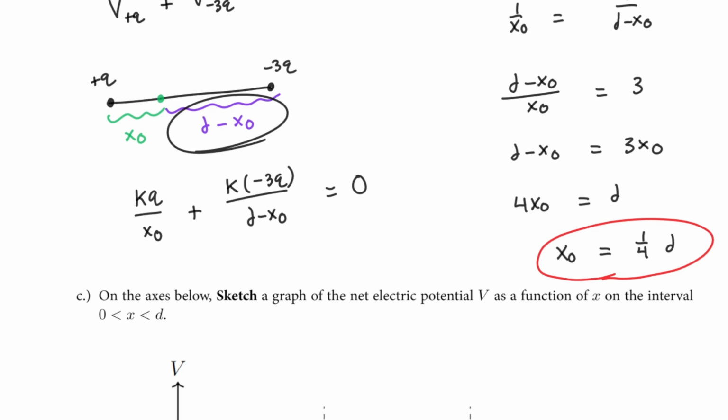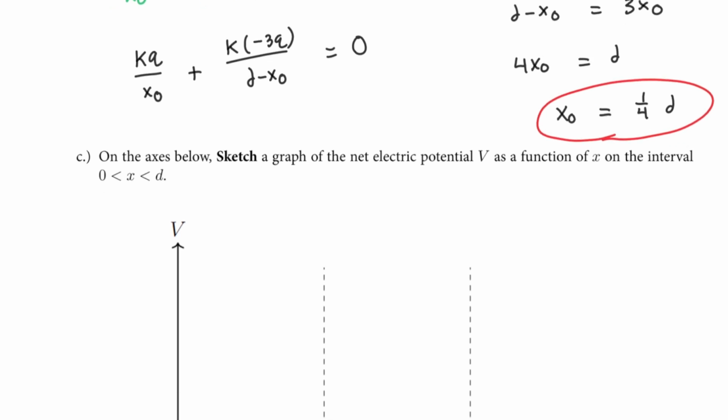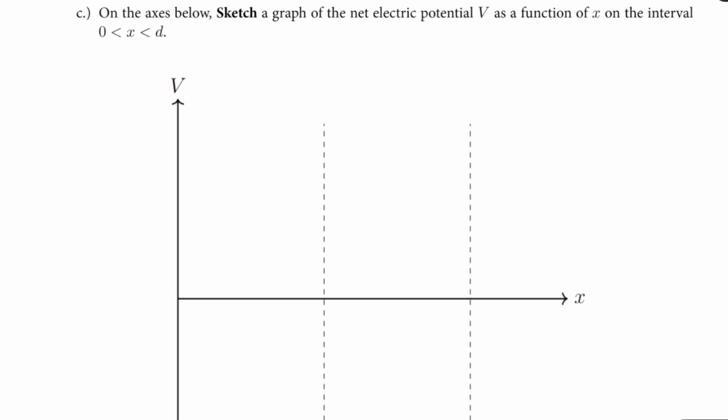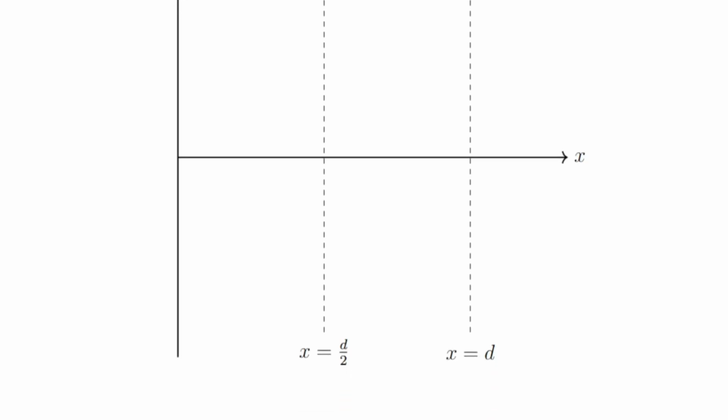So you could have just set x plus 3x equals d, and you would get the same answer. So that's not a coincidence. And remember, that technique sort of worked for electric fields. You just had to be very clever and use the fact that it would be a square root relationship with distance in there. So now let's try to graph the electric potential as a function of x.